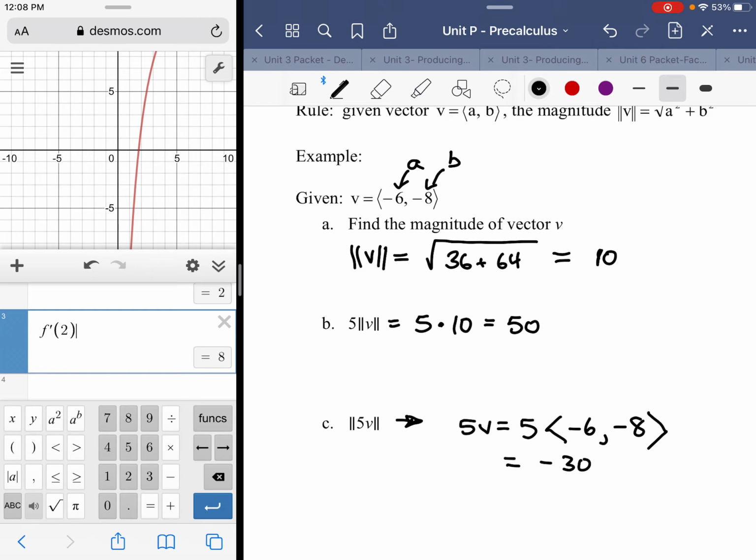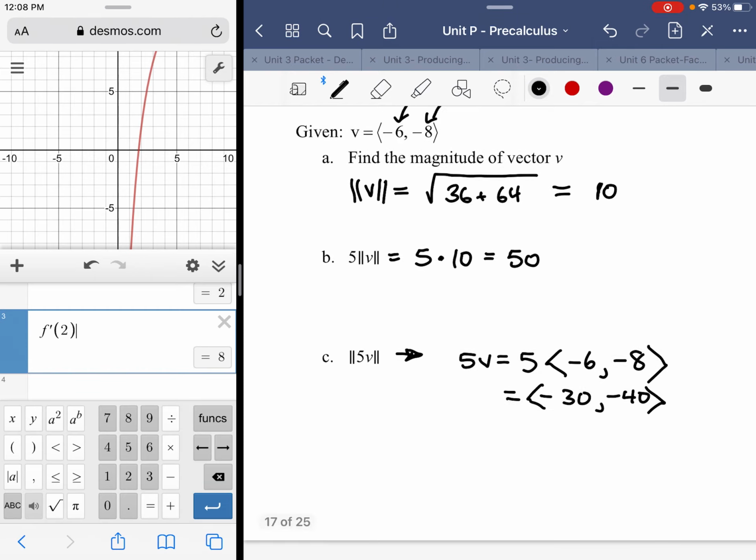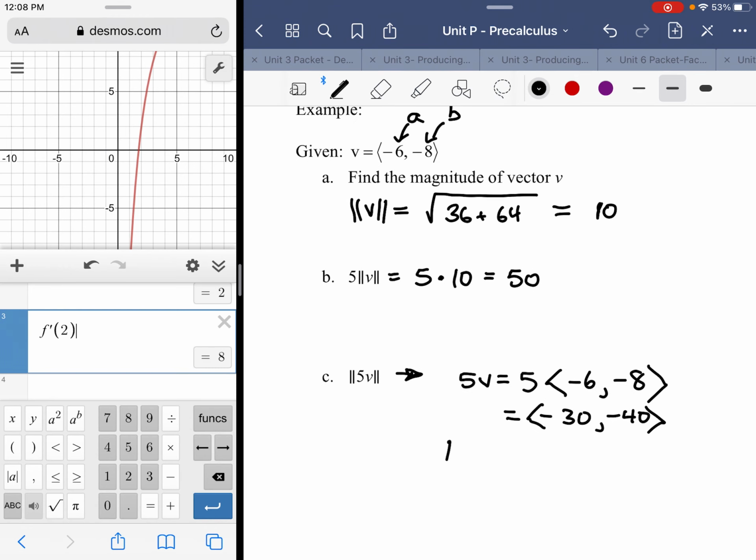So let me tuck a 5 in there. I'll show the intermediate step: 5 times negative 6, negative 8, which is negative 30, negative 40. The magnitude of that 5v would be the square root of the sum of the squared values, so 900 plus 1600, which is 2500, which is 50.